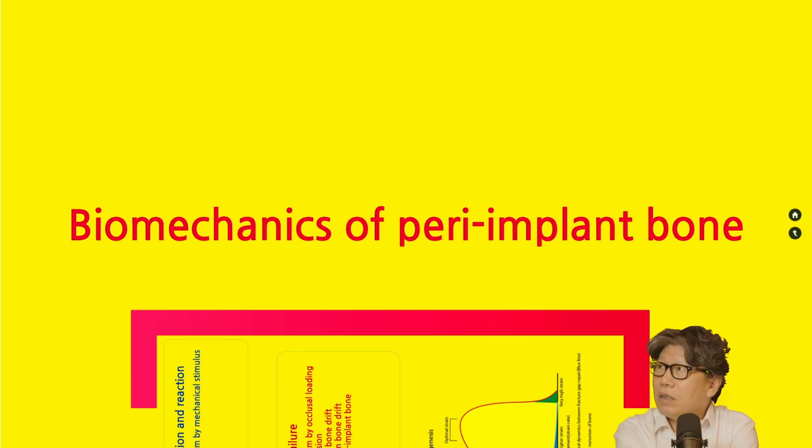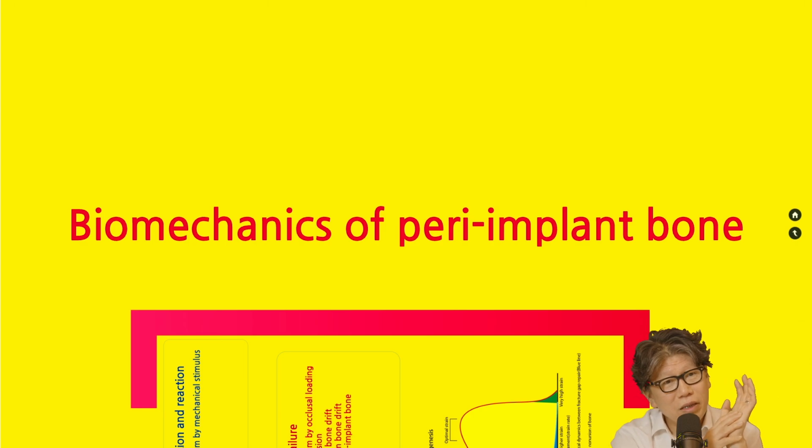And then when you talk about these implants lasting longer, what do you mean the bone that surrounds the implant lasts longer? So there's a lot of misconceptions about that. So implant failure, number 1, is mechanical failure.